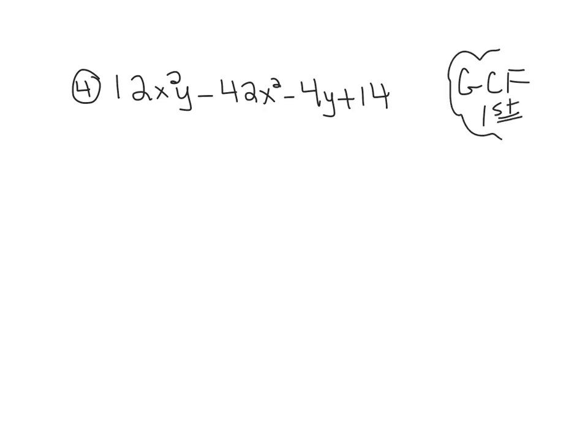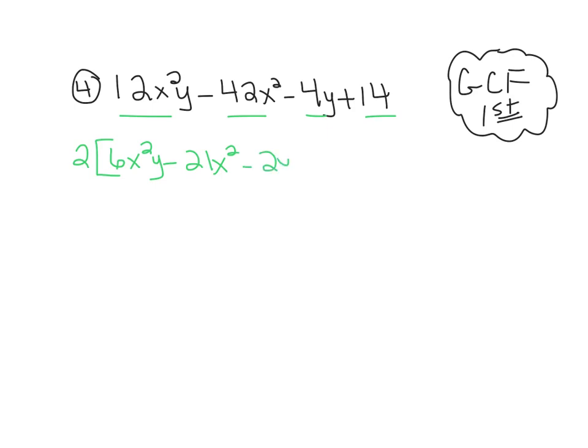Remember to look for that greatest common factor. If you look at all 4 of these terms, you can take out a 2 before you even start. Then you have 6x squared y minus 21x squared minus 2y plus 7.